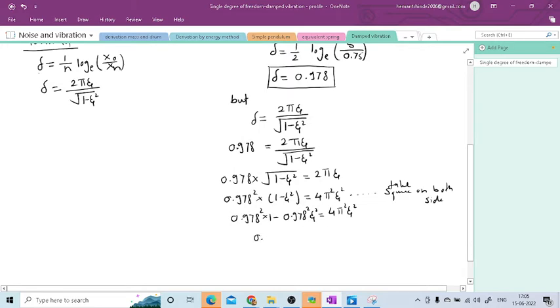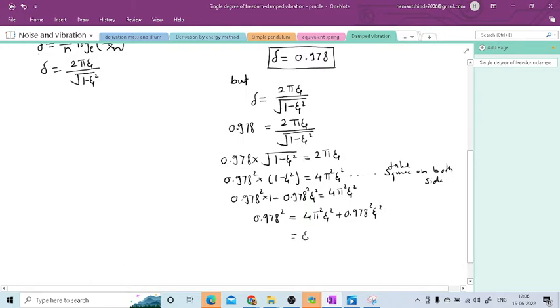So it will be 0.978 square equal to 4 pi square zeta square plus 0.978 square zeta square. Now here the zeta square is common, so we can take common zeta square. In bracket, 4 pi square plus 0.978 square. Now transfer this value to this side and take the root.